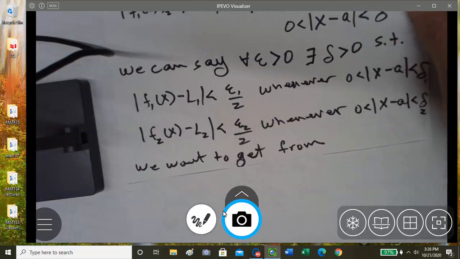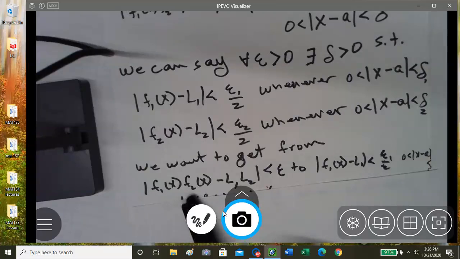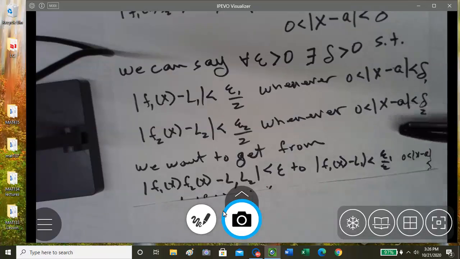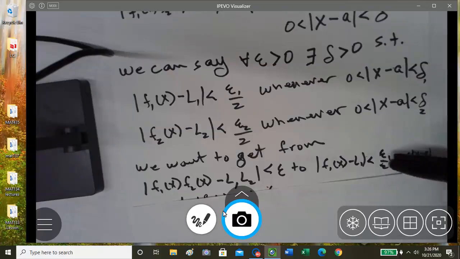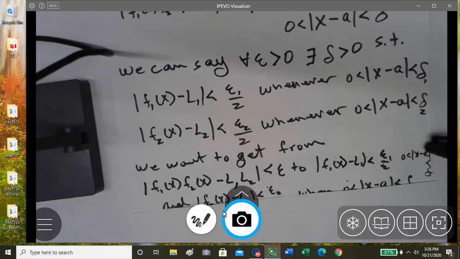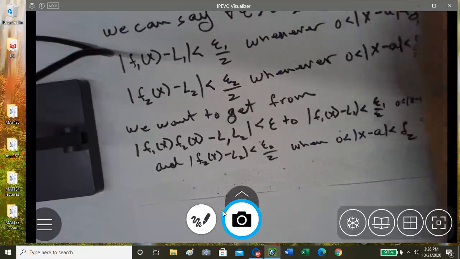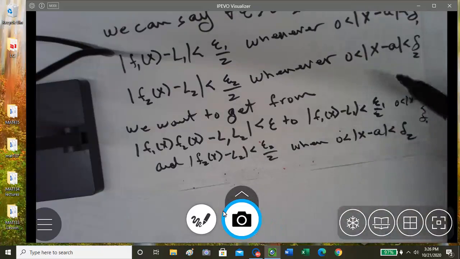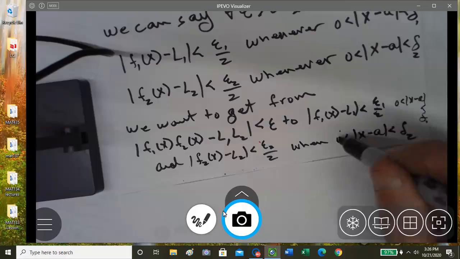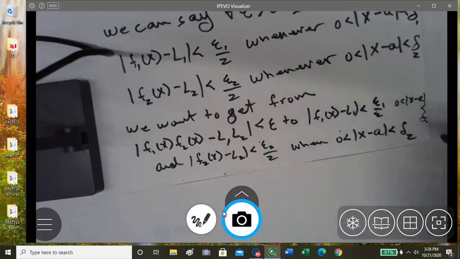So we want to get from f1(x) times f2(x) minus L1 times L2 is less than epsilon, to f1(x) minus L1 is less than epsilon over 2 for the absolute value of x minus a greater than 0 but less than delta 1, and f2(x) minus L2 is less than epsilon over 2 when x minus a is greater than 0 but less than delta 2.